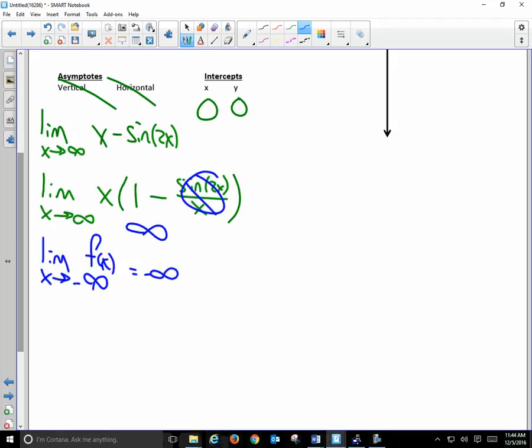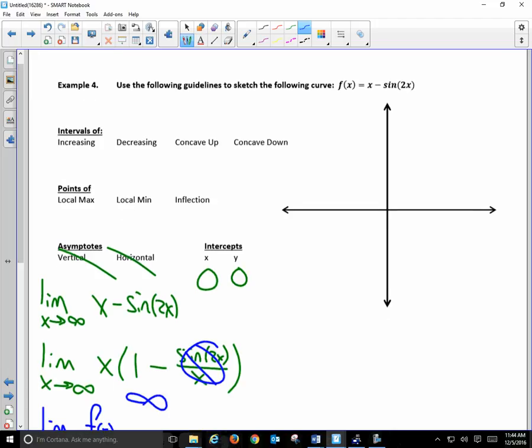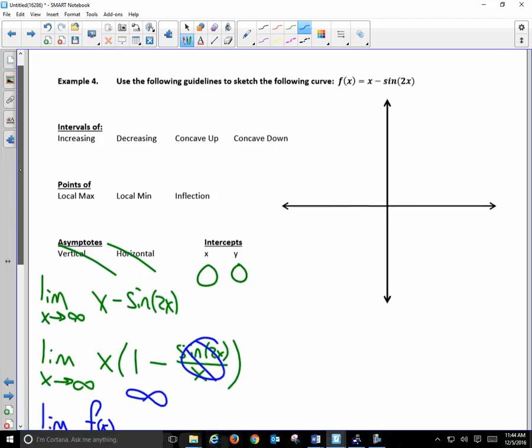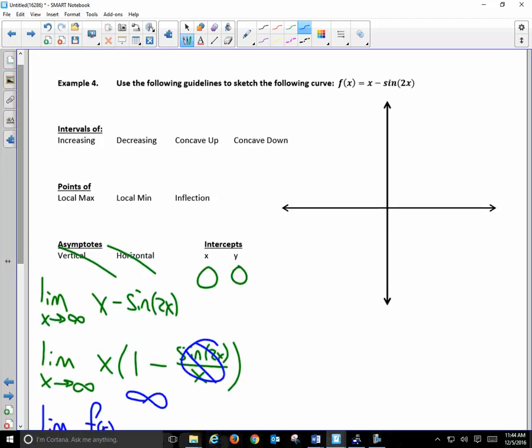So part of what I want to do here is try to understand a little bit of this behavior that's periodic. As I look at these intervals, I know it's going to constantly change. If we looked at concave up and down for a sine function, we'd have an infinite number of intervals to list, right?